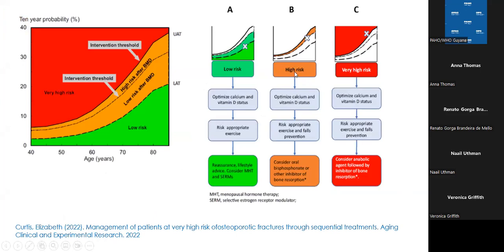So in this example, this old lady must optimize calcium and vitamin D status through diet, proper sun exposure, or treatment of vitamin D deficiency if you suspect or confirmed it.